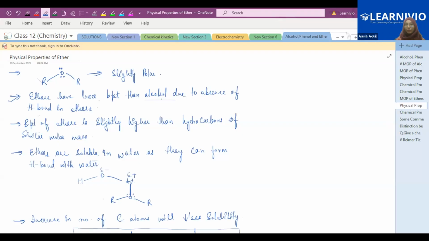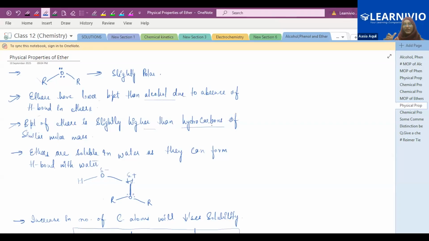But ether has a lower boiling point. Why does it have a lower boiling point when compared to alcohol? Due to the absence of hydrogen bonding. And the boiling point of ethers is slightly higher than that of hydrocarbons, the normal hydrocarbon chain like alkanes, when compared to a hydrocarbon chain with a similar molar mass.